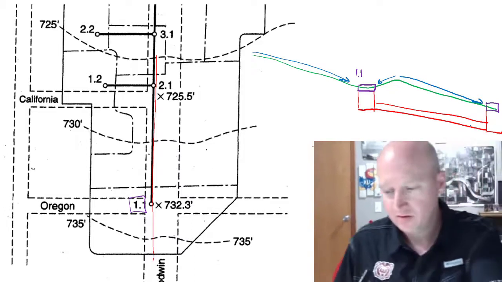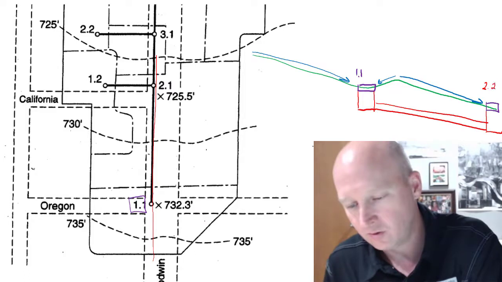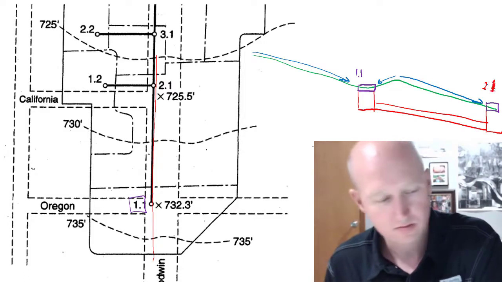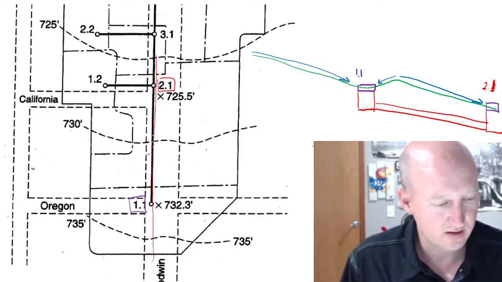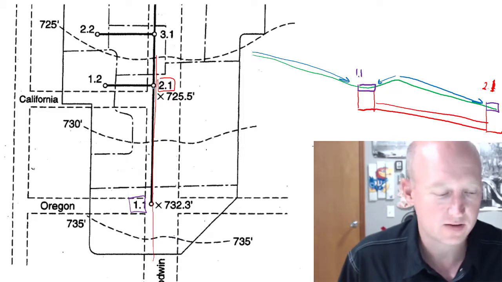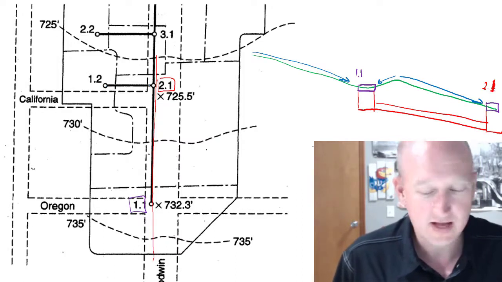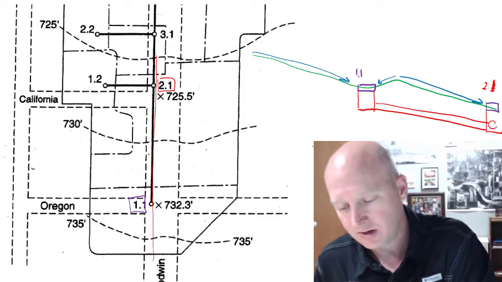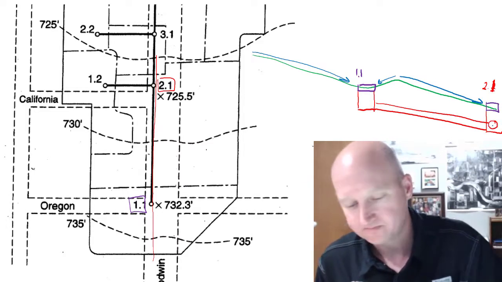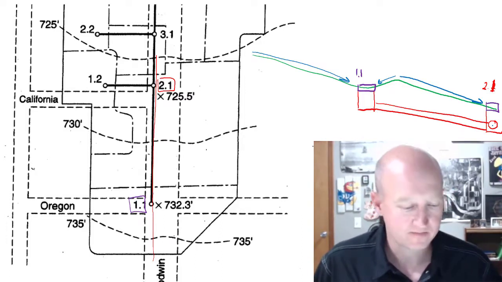So if this is 2.1 right here, you can see that the black line is the pipe that's draining 1.1 to 2.1, but there's also another pipe coming in laterally. So for 2.1 there would be another pipe coming in from the side. So that's the subsurface picture.